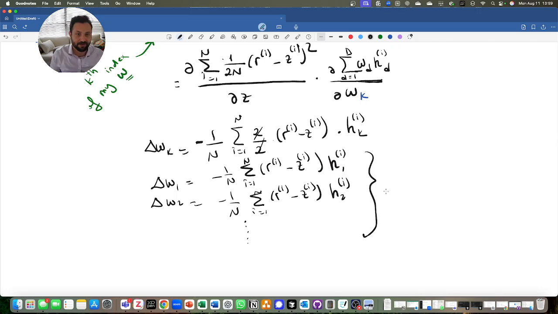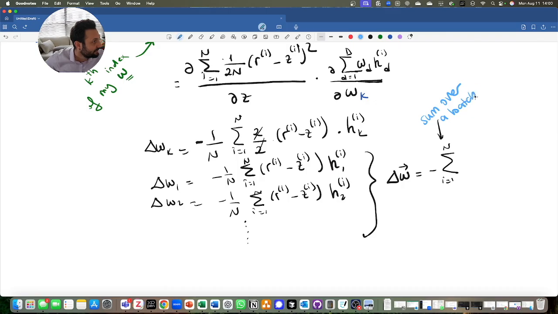So in linear algebra, since we're talking about a vector, I'm going to put an arrow on top of it to emphasize that it's a vector. It's nothing but summing over all of the indices, which might not actually fit in your GPU. So you're going to use some mini batch or batch. So let's call this a sum over a batch of samples.